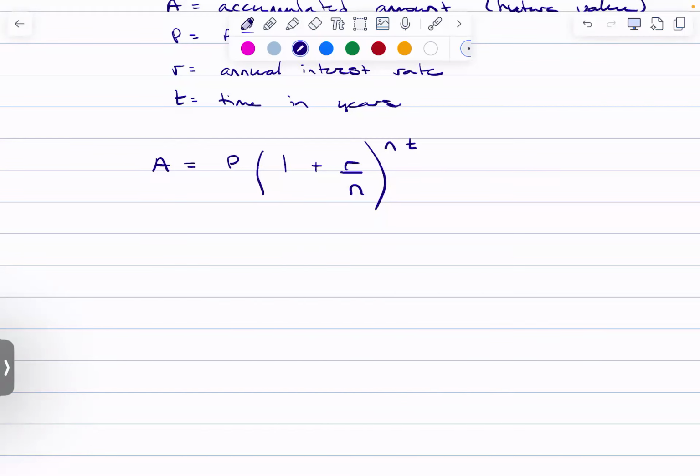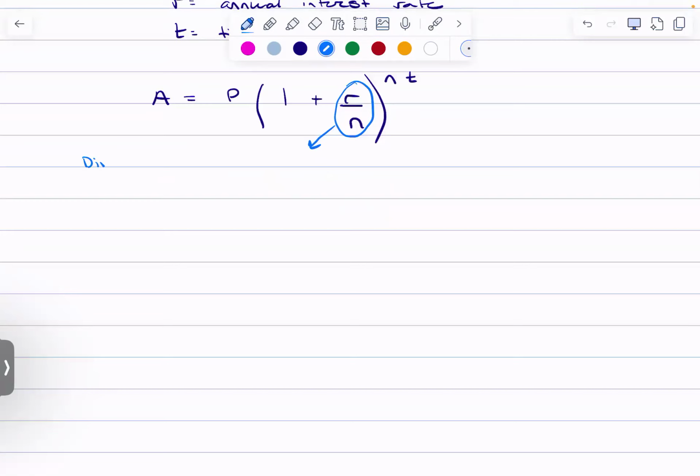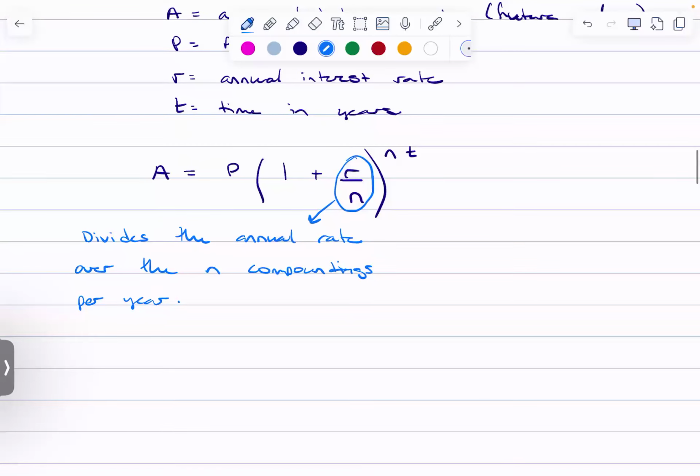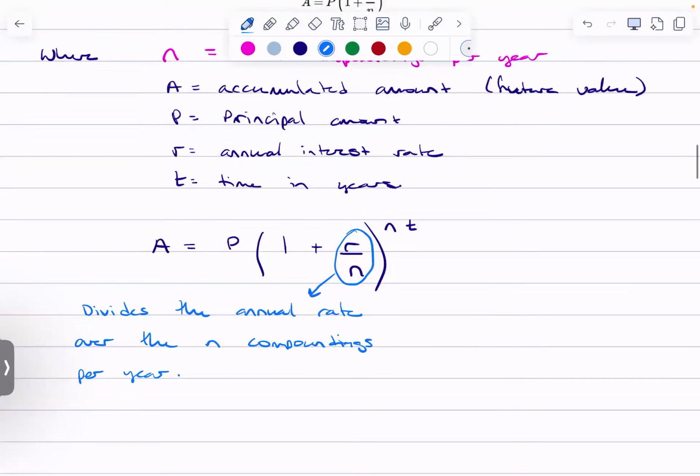And so this R over N divides the annual rate over the N compoundings per year.